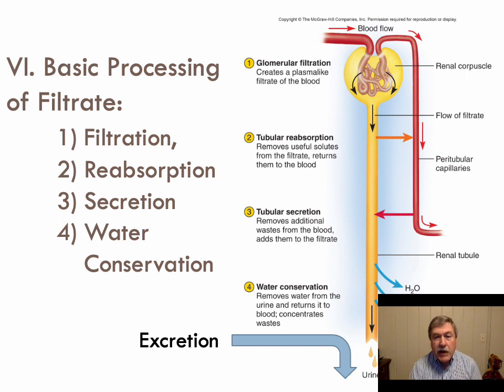And then depending on the hydration status of the individual, there may or may not be more water reabsorption that occurs in the distal convoluted tubule. That reabsorption in the distal convoluted tubule is under hormonal control. Together, those four processes result in the production of urine. So in most of the rest of this chapter, we're going to go through each one of these processes and take a look at the molecular mechanisms that cause them to happen.